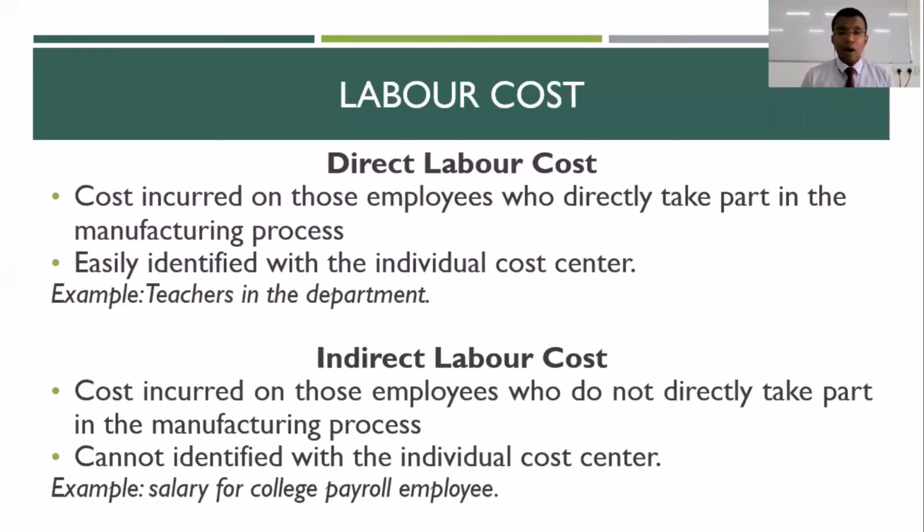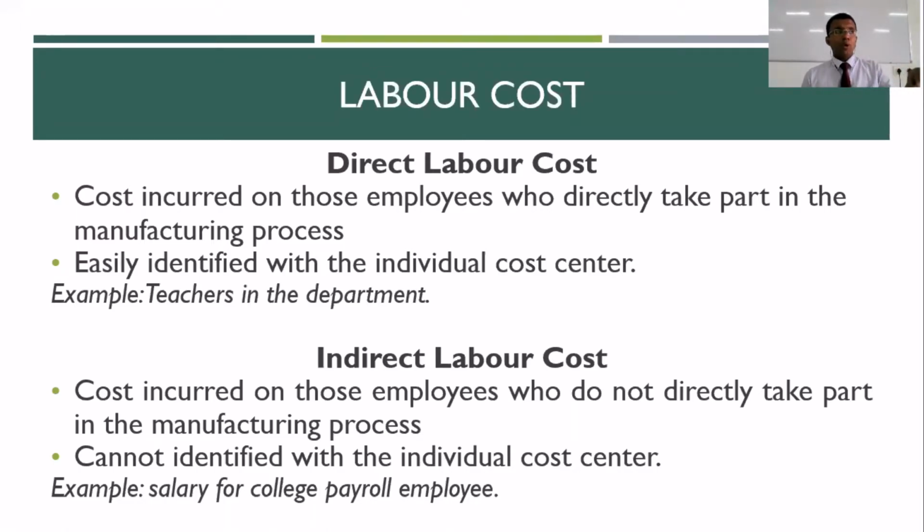We will learn a little bit more in detail what is meant by direct labor and what is meant by indirect labor. When you are able to identify and remunerate the working class who are involved directly with your production process, all such labor cost is referred to as direct labor cost.